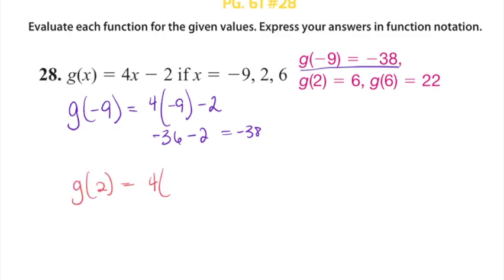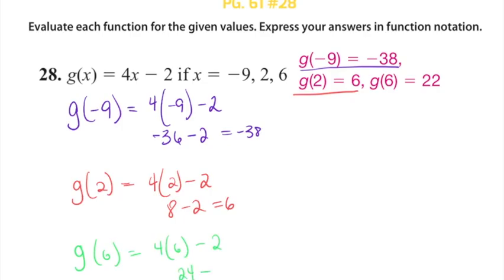You're going to plug in a 2 there. 4 times 2 minus 2, you get 8 minus 2, which gives you 6. That's where we got this one. And then the last one, g of 6, you would say 4 times 6 minus 2, which is 24 minus 2, 22, which is where they got this one. So you're just plugging it in and then doing order of operations. All right.